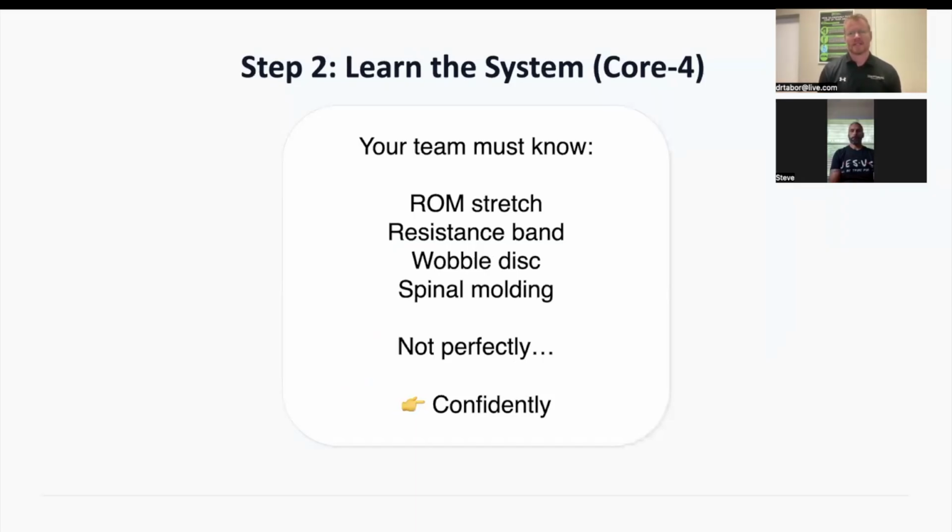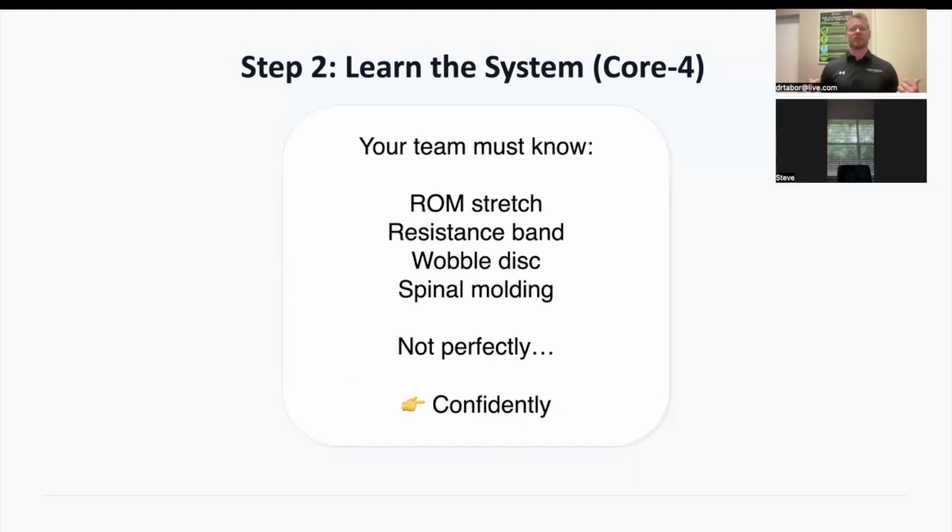So the team must know what the range of motion stretch is and why we do it, because with our treatment in our office, we're increasing range of motion. So it's a patient responsibility to maintain that range of motion that they're getting with their adjustments. The resistance band exercise fights the most degenerative posture in the world, head forward posture.